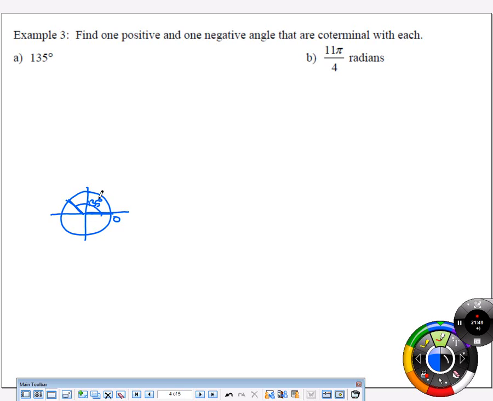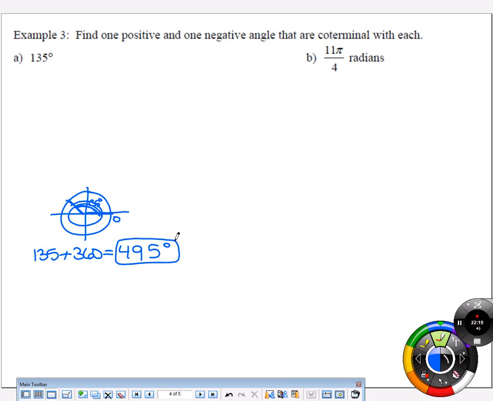Add in 360, so instead of just going from here to here, I go all the way around and then to there, right? So I would take 135 and add 360 to it, and that would give me a new positive number that ends up in the same place, and that number happens to be, in this case, 495 degrees. So there's an example of a positive angle that is coterminal with 135, okay?